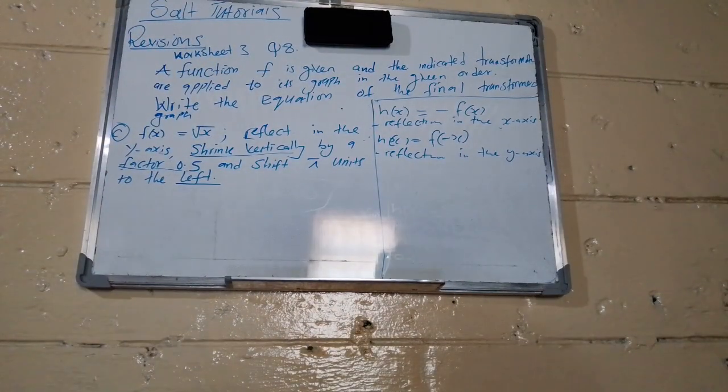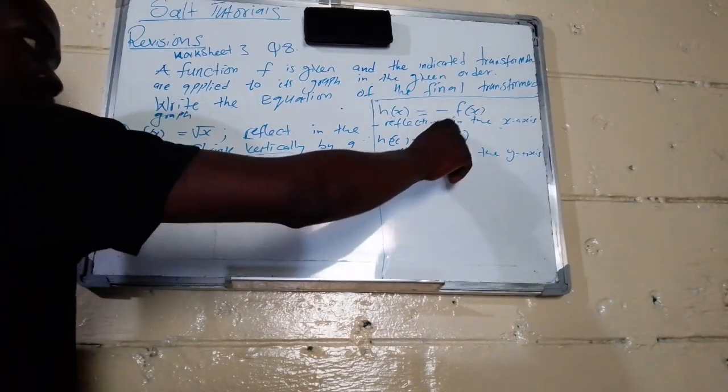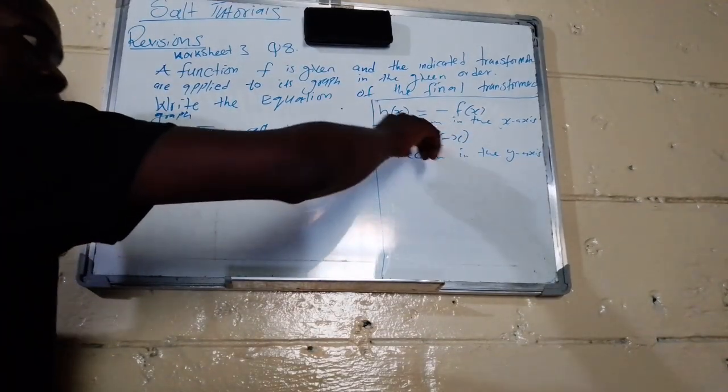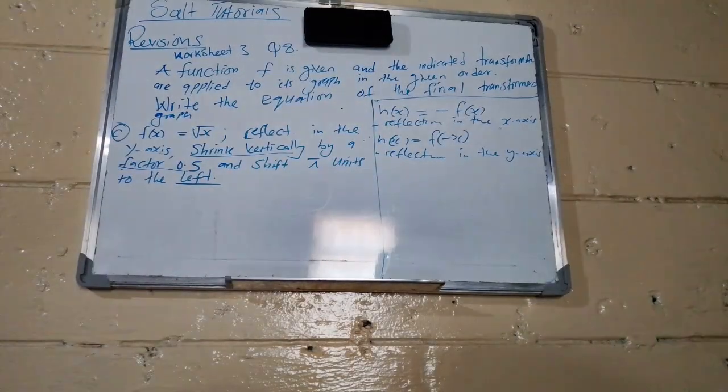So if we want a reflection in the y-axis, the negative should come inside the function. If there must be a reflection in the x-axis, the negative should be outside the given function.